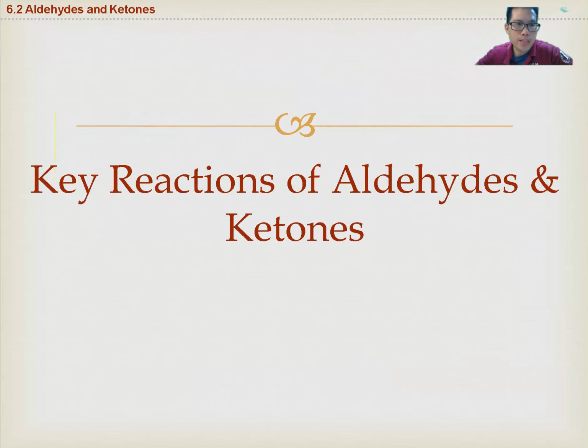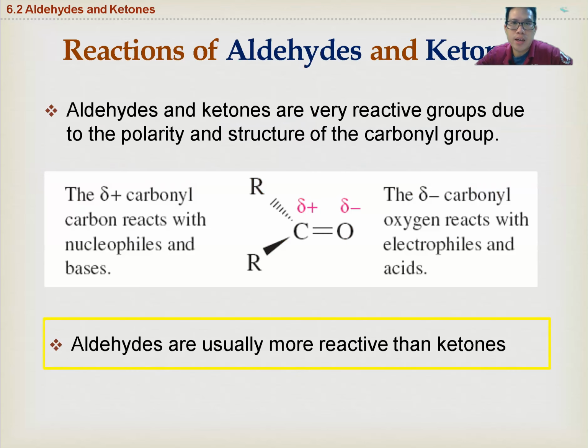Next, let's look at the key reactions of aldehydes and ketones. What we have here is the functional group, the carbonyl group. The carbonyl group is reactive because of the dipole, the delta positive and delta negative.